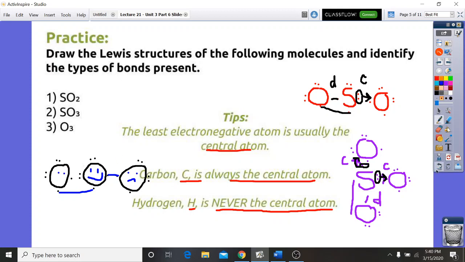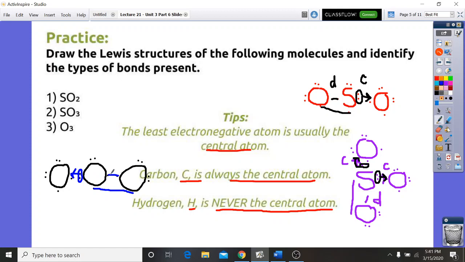So what can we do instead? We can recognize that really we're in a bind unless we remember that we can use coordinate bonds. So I'm going to circle here and make an arrow over here. And now this oxygen has 1, 2, 3, 4, 5, 6, 7, 8. Perfect.